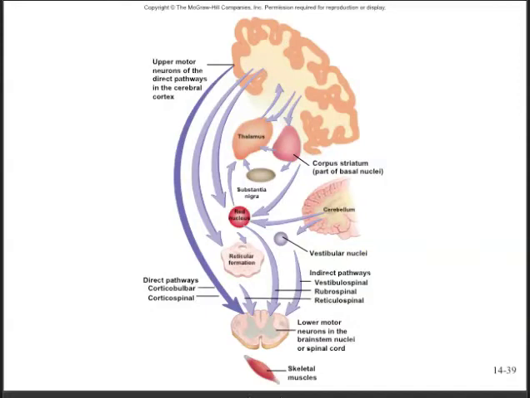And what you're looking at here is a diagram. It's a little hard to figure out. I've got a better one that I'll show you in class, but it's essentially showing you how the direct and the indirect pathways work together in order to execute movement.